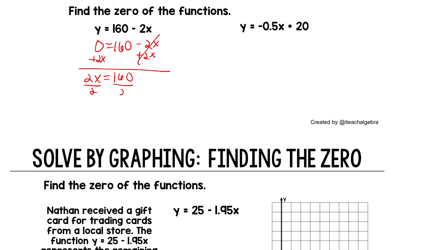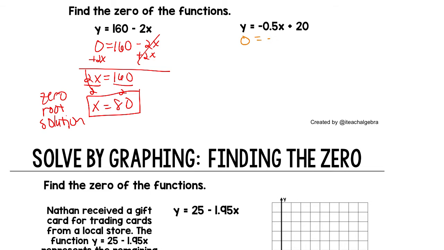Can divide both sides by 2. I get x is 80, and that's the 0. That's the root. So this has 3 names: 0, root, solution. Can be any of those things. Let's do another one. y equals negative 0.5x plus 20. Well, we make y 0 again.